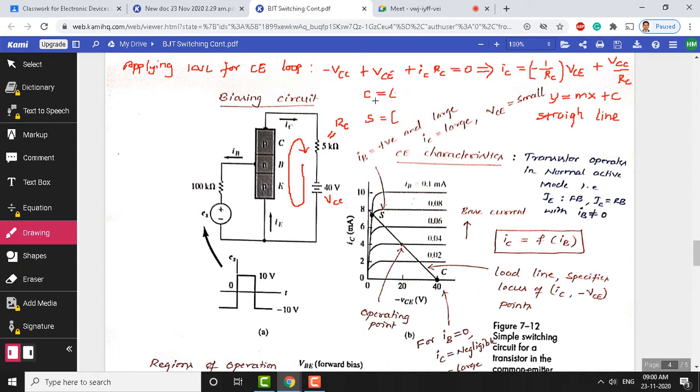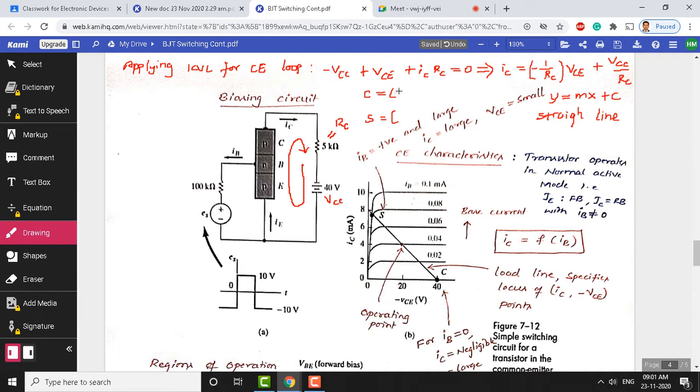Just let us write here C. You can obtain the point C by making IC as 0 in this line. When you make IC as 0, this will get transferred to the other side, RC gets cancelled, and you are left with VCE as VCC.